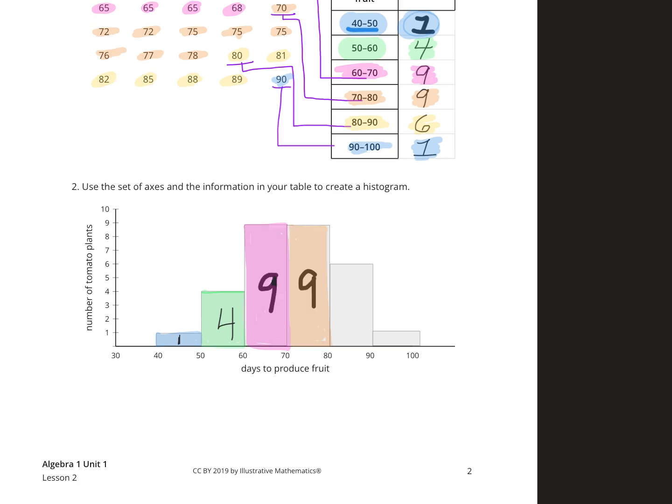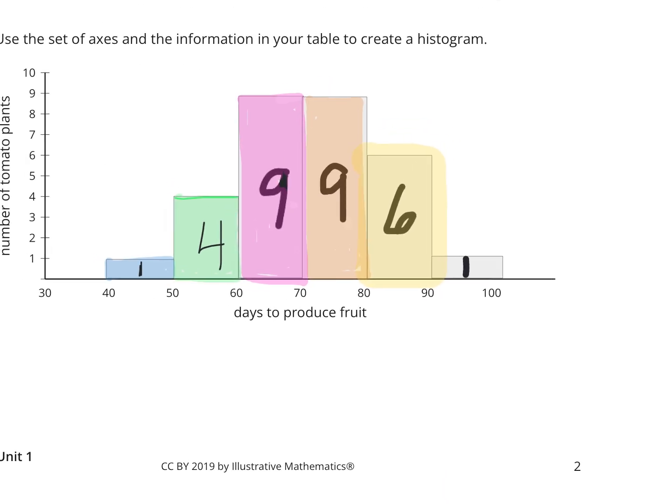Then next we have a frequency of 6. So that yellow bar is 6 high. And finally, our last frequency for that interval was 1 piece of data. So this bar will be 1 unit high.